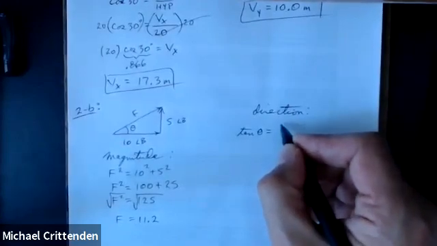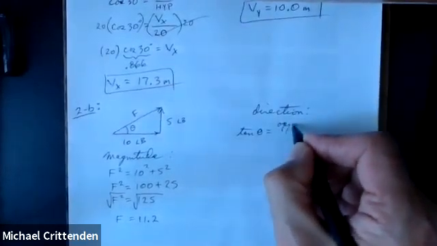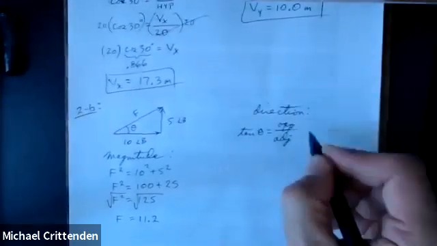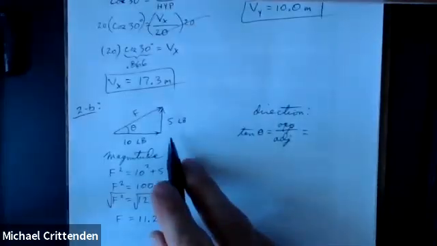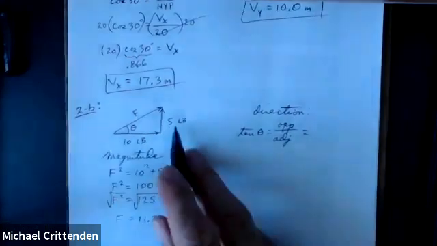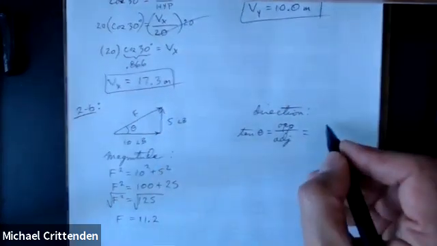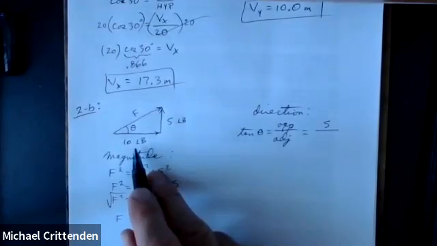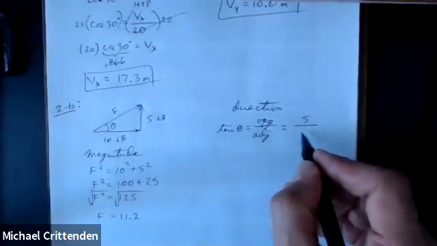Tangent is opposite over adjacent. So you look at the picture. The opposite side of the triangle has a length of 5, and the adjacent side of the triangle has a length of 10.